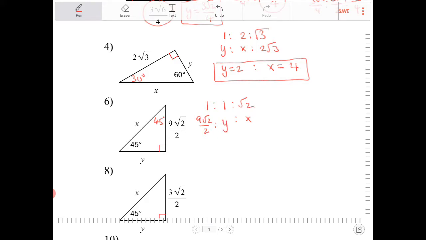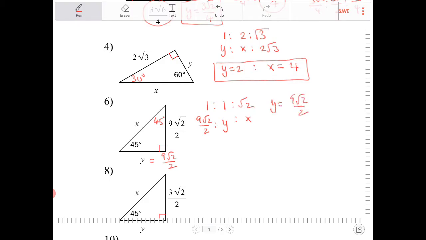What will y equal? Y must equal 9 radical 2 over 2. Another way of explaining this is an isosceles right triangle. In any isosceles triangle, the two legs are the same. So y is equal to 9 radical 2 over 2.